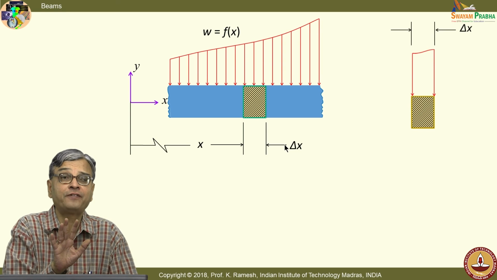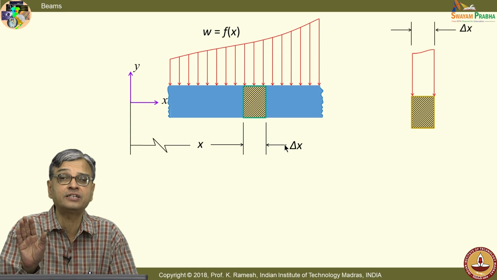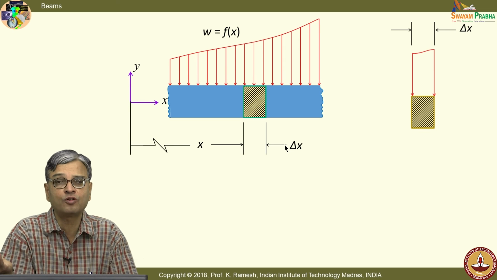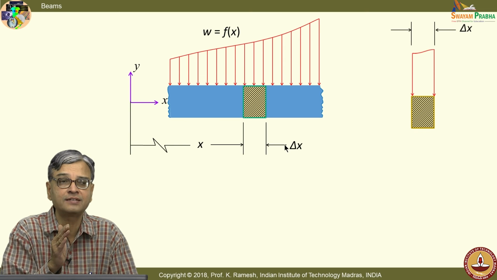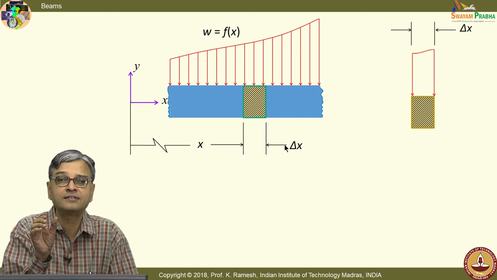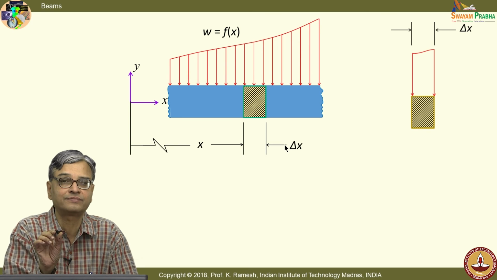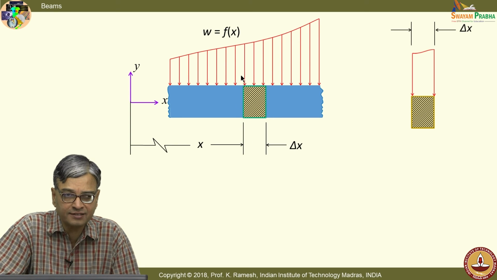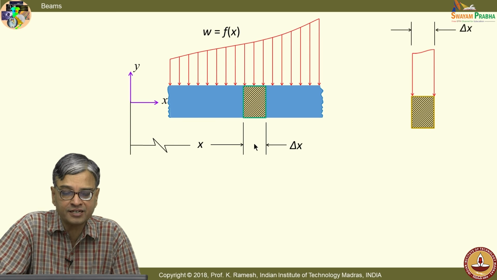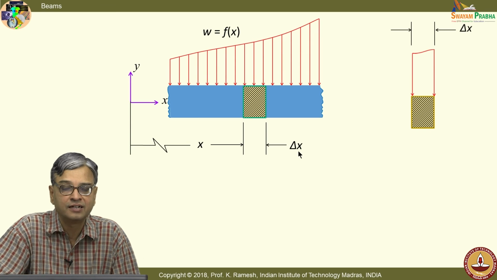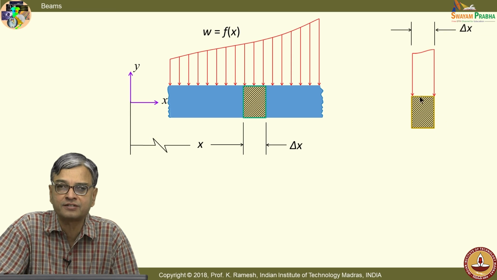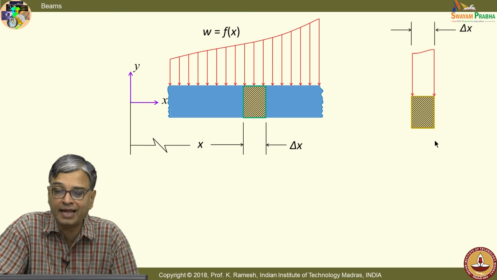So, it is fundamentally different. When we showed the sign convention, I drew that as a block, I put something on the positive face, something on the negative face, and I cautioned you that this is a block of length 0. But here I cut a section at x, and I cut another section at x plus delta x. From the appearance of the diagrams, they look of similar dimensions, but here I deliberately label it as distance delta x.